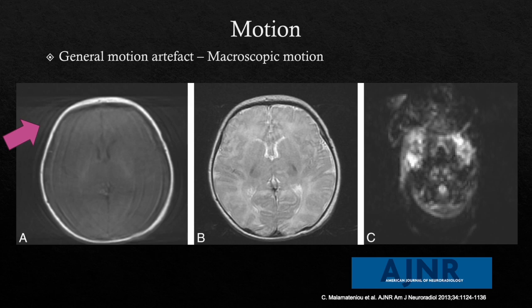Image B is a T2 axial. These are more robust because they usually have faster acquisition times and the relaxation times are longer, so you can also add better acceleration techniques like iPAT and turbo spin echo. Therefore, they tend to be a little bit more robust to motion artefact. And then finally, image C is an example of a diffusion image.